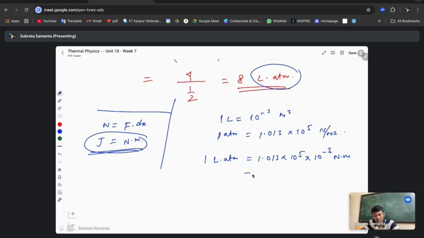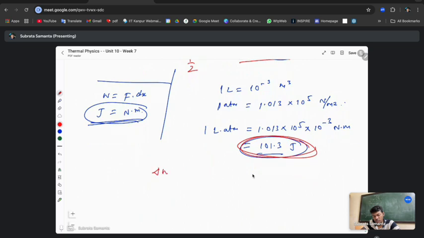So that is basically 101.3 joule, right? Therefore your work done delta W is 8 times 101.3 joule, which is 810.6 joule.